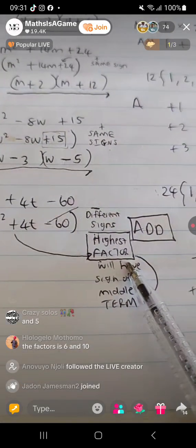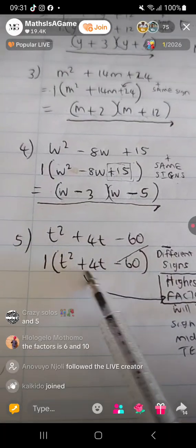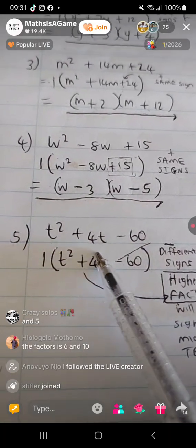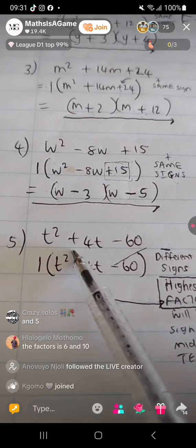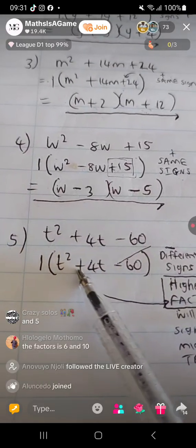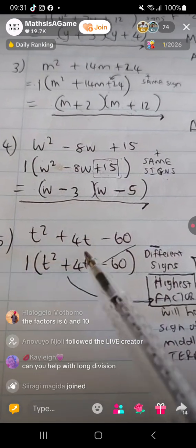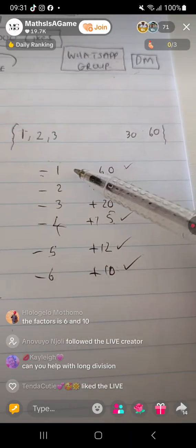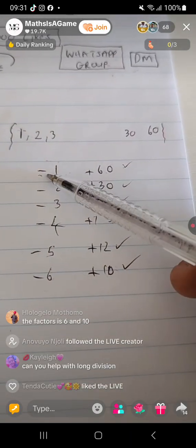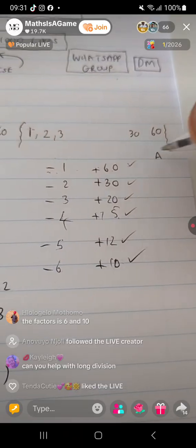The only thing we now need to check is, when we add, which one will give us positive 4? Which addition of factors will give us positive 4? We are interested in that pair of factors. So if we come back here, negative 1 plus 60, will that give us positive 4?